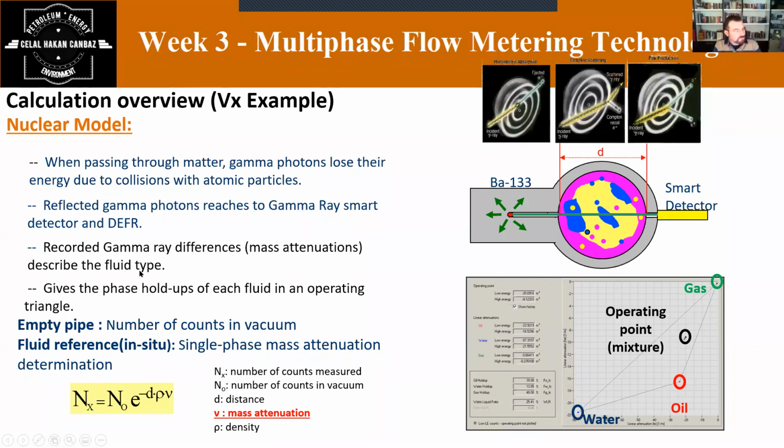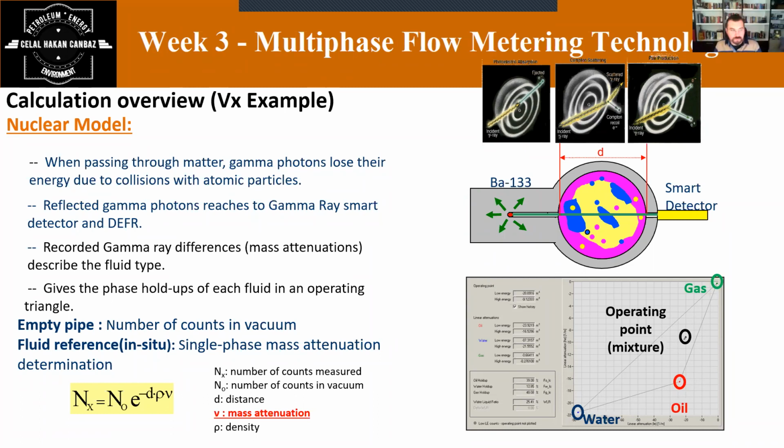The recorded gamma ray differences, which we call the mass attenuations, describe the fluid type, because it says that I collided with an oil molecule, a water molecule, or a gas molecule. This gives the phase hold-ups of each liquid in an operating triangle. First, you have to make your empty pipe and fluid reference measurements.